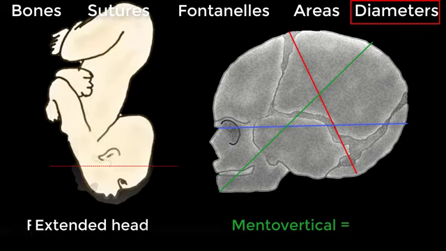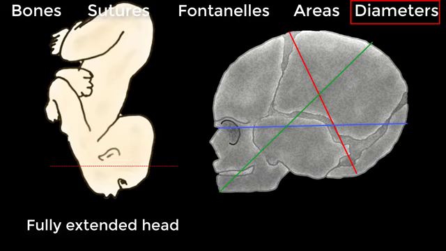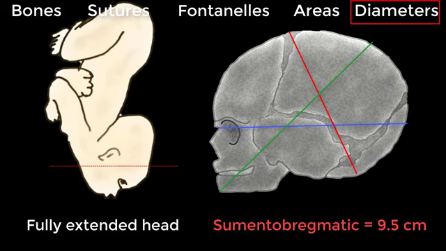With fully extended head, the presenting part is face, and the presenting diameter is submento-bregmatic diameter, extending from the junction of the floor of the mouth with the fetal neck to the center of the bregma, and it measures 9.5 centimeters.